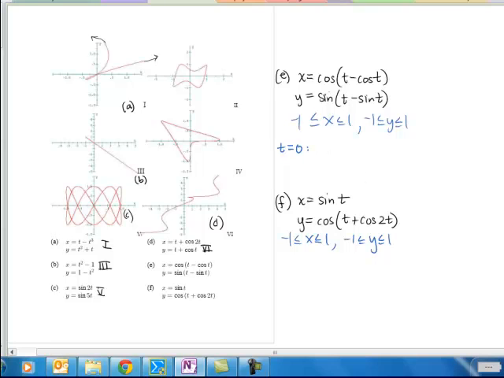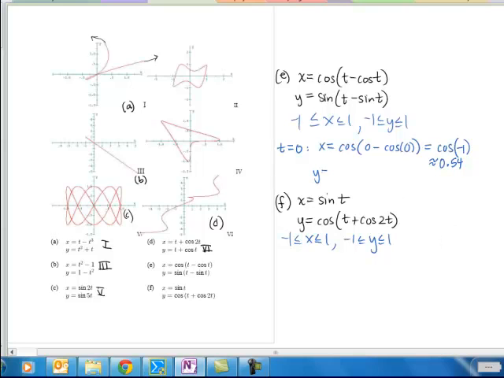So if t equals 0 on this first graph, x is going to be cosine of 0 minus cosine of 0, which is cosine of 0 minus 1, which is cosine of 1, and you can use your calculator and figure out that's about 0.54.